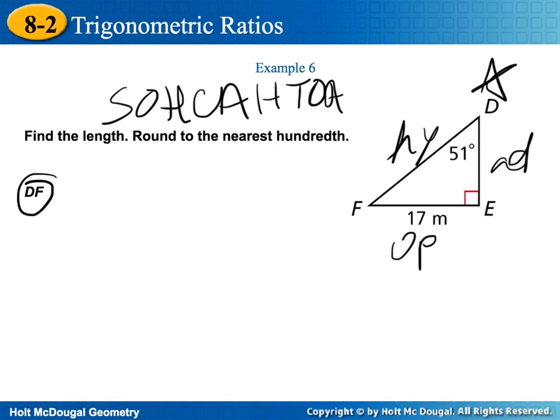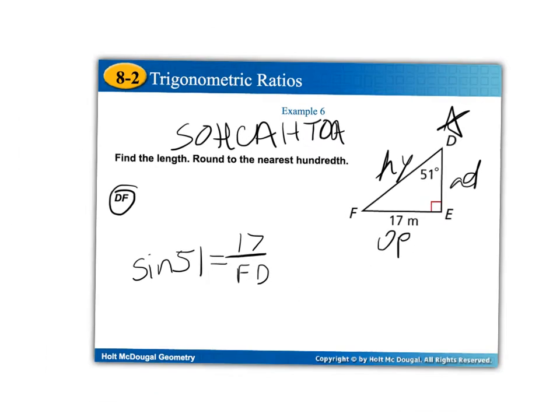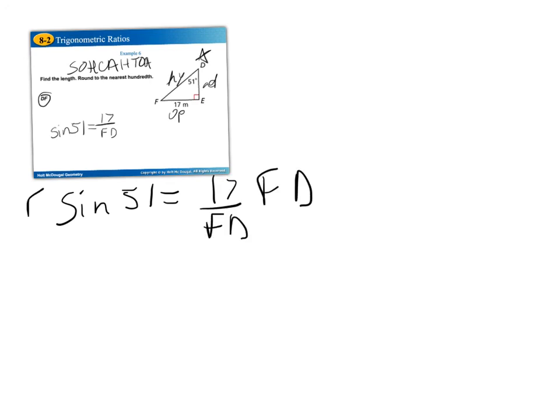So sine of 51 is going to be equal to the opposite, 17, over hypotenuse, so we'll call it FD or DF. All right, now I need to solve. To get FD out of the denominator, I need to multiply it into the numerator. What I do to one side, I need to do to the other.